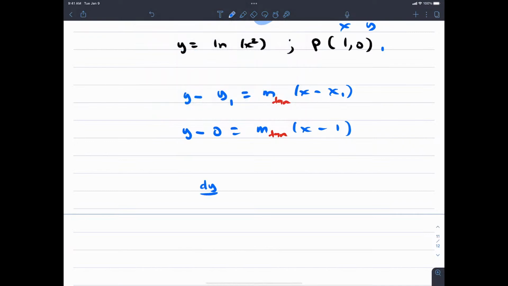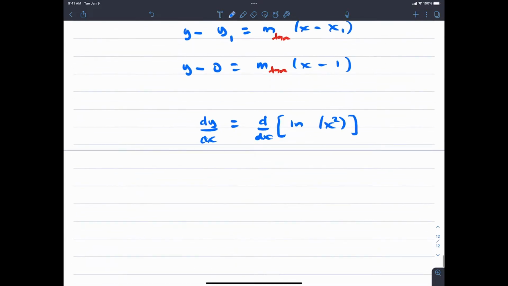We have to find dy dx. So we differentiate with respect to x the natural log of x squared here. And that derivative is 1 over x squared, times the derivative of x squared.